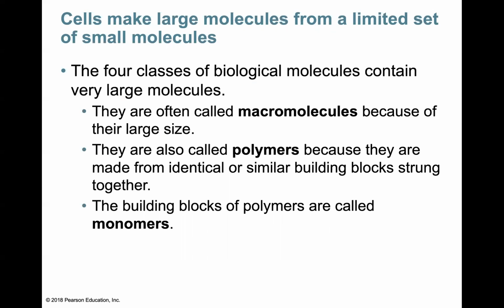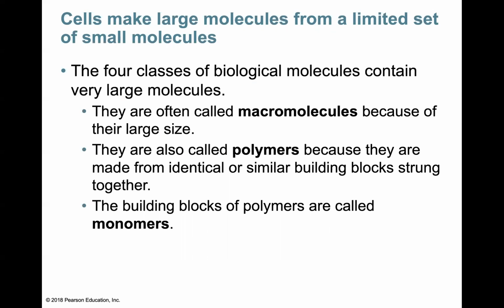We refer to them as polymers because they are made from identical or smaller building blocks that are strung together. The building blocks of polymers are called monomers. You should be familiar with this relationship between a monomer and a polymer.